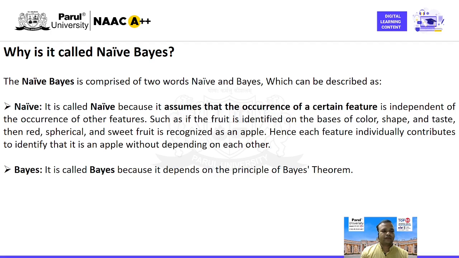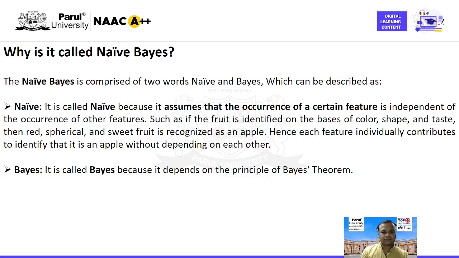Why is it called Naive Bayes? Naive Bayes comprises two words, naive and Bayes. First, it is called naive because it assumes that the occurrence of certain features is independent of the occurrence of other features.